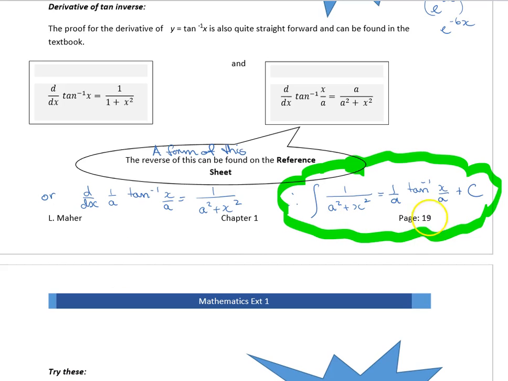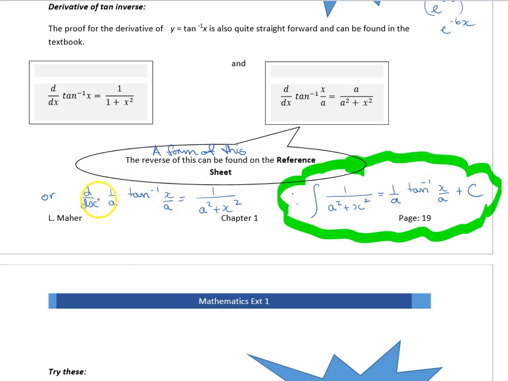If you think about the integral of 1 over a squared plus x squared giving this 1 on a tan inverse x on a, differentiating 1 on a tan inverse x on a is really nice, that's straightforward.